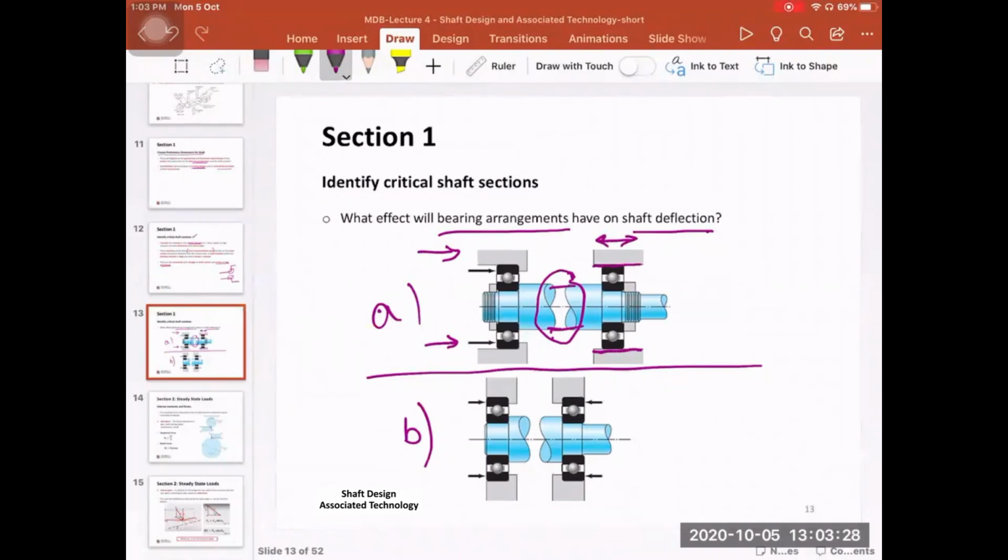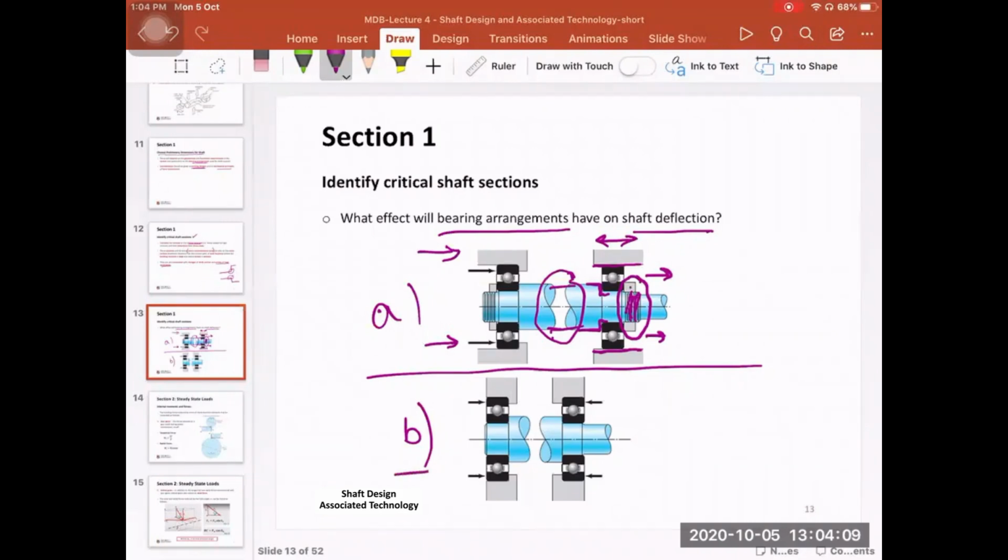And please remember the step in the shaft, so that this deep groove ball bearing does not move in this direction. It is supported by this shoulder and this shoulder. On the right-hand side as well, you have a nut, so it does not move to the right. You have a screwed portion, so that you have a nut and screw, and this part does not move in this direction.